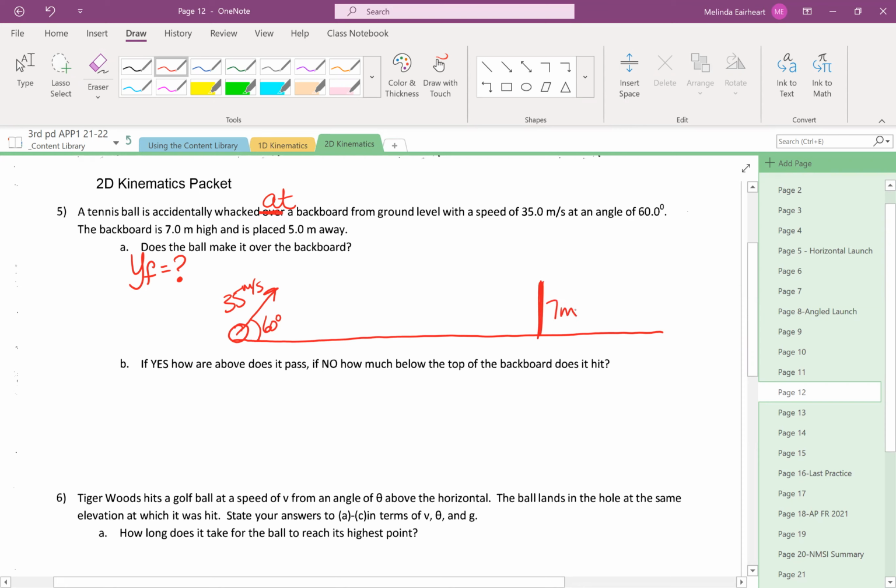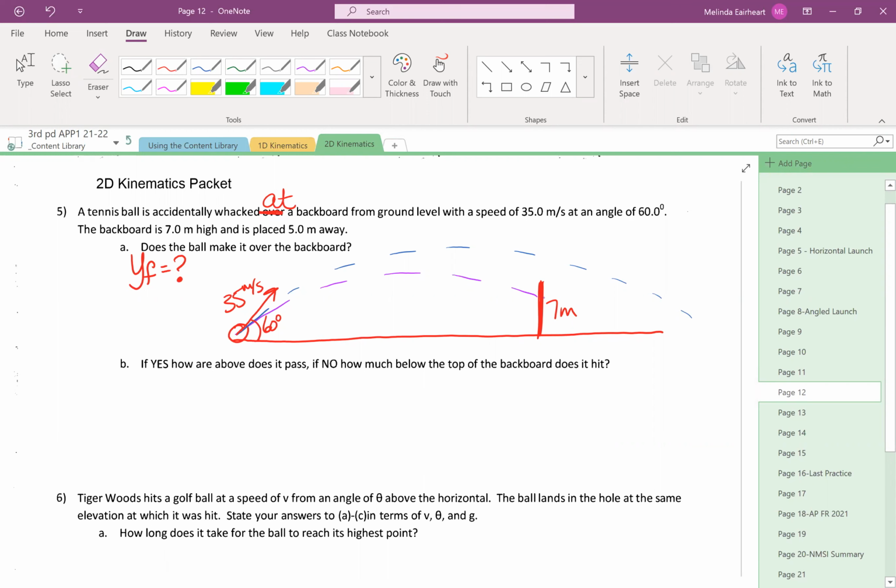We know it's 7 meters tall. So our ball can do one of two things. Does it go up, up, up, and go over? Or does it go up, up, up, and hit the backboard? Those are the two possible pathways, not drawn to scale, that it could follow.